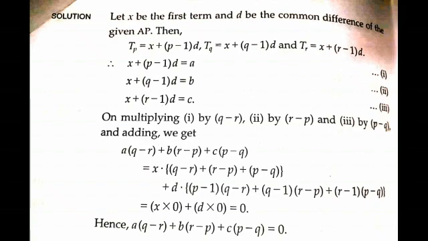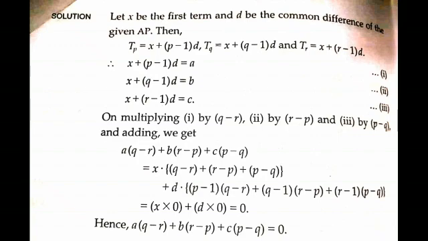equal to x, then bracket start, (q minus r) plus (r minus p) plus (p minus q), plus d into [(p minus 1) into (q minus r) plus (q minus 1) into (r minus p) plus (r minus 1) into (p minus q)], and this whole multiplied by d as it is given here.